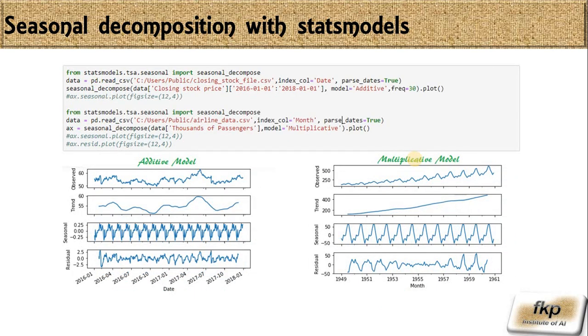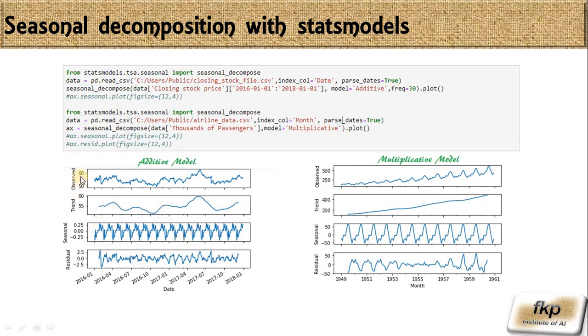So this is about seasonal decomposition. Seasonal decomposition is an algorithm, just like we have the HP filter. What this algorithm does is decompose, or extract, the time series into trend, seasonal and residual components.